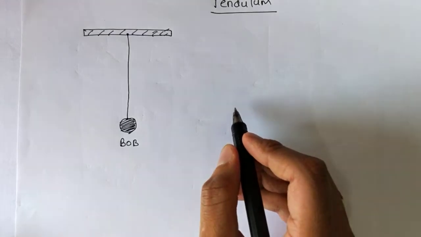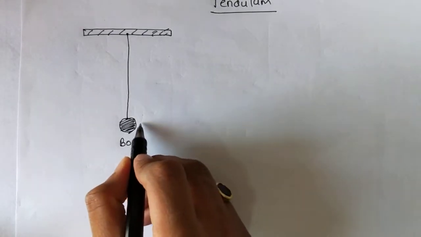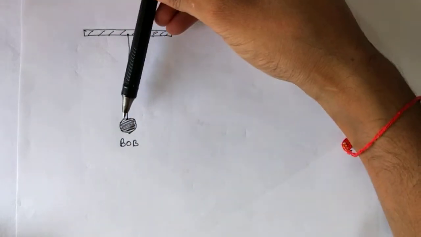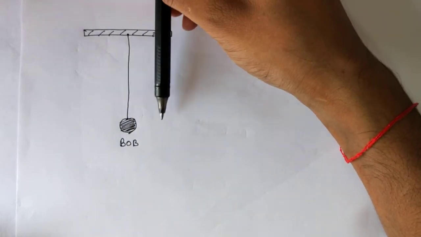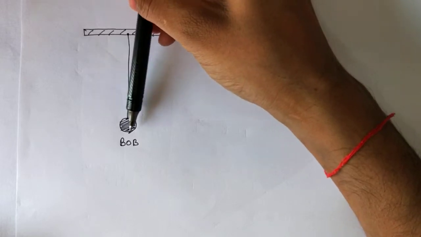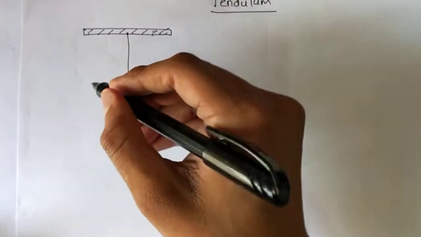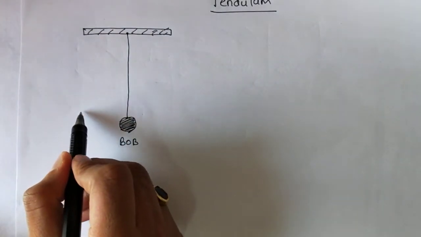Now if I push the object to either side, it will swing this way, correct? This is how a pendulum swings. Let's say the object reaches till here.